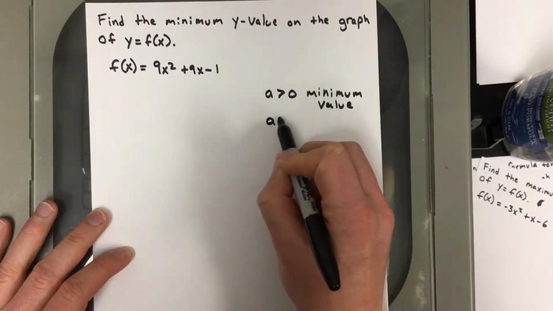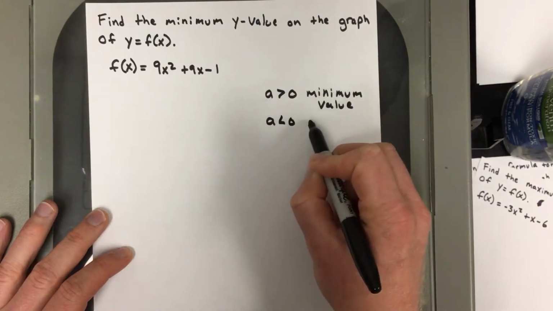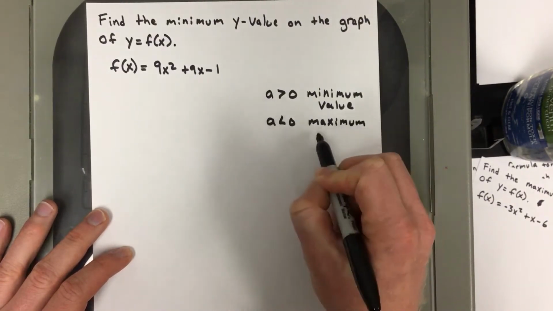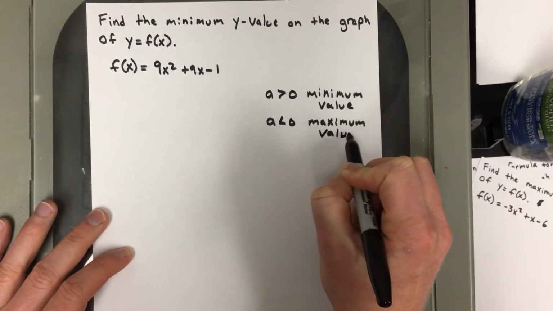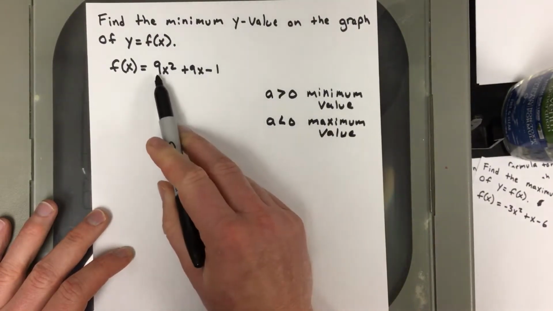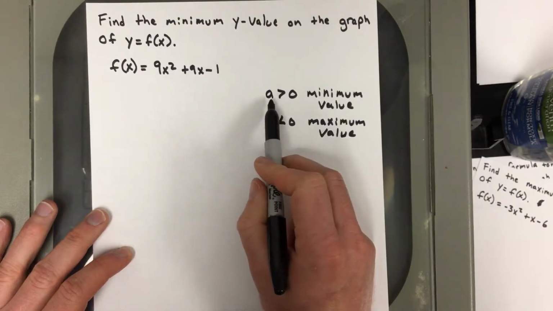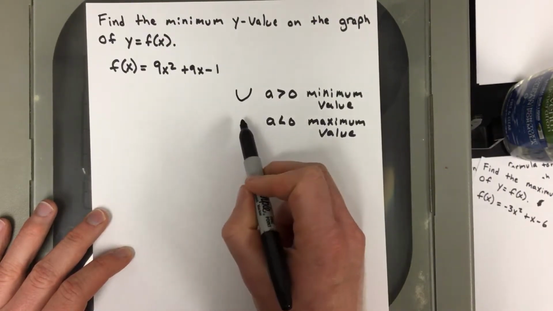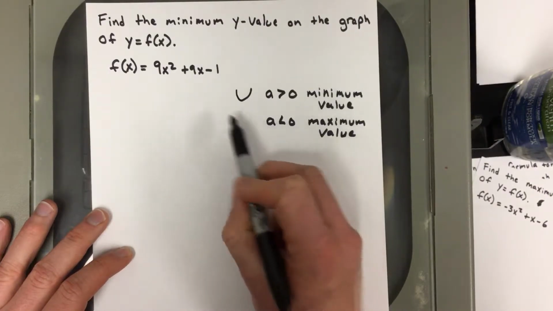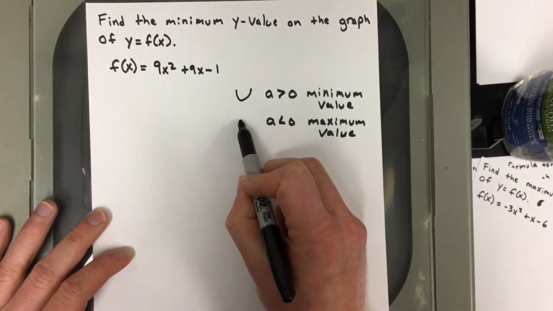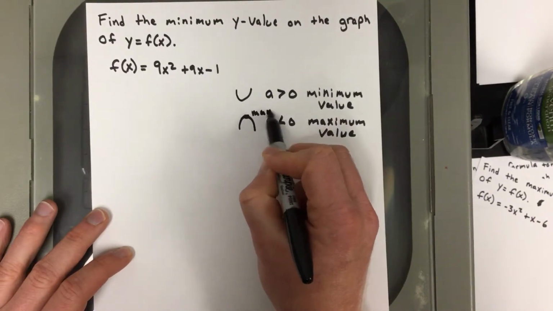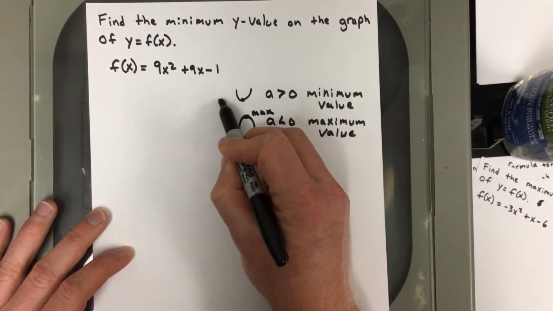But if a were to be less than 0, you'd have a maximum value. And you know this because if you have a number that's greater than 0, you're going to have a parabola that opens upwards. And if you have a value for a less than 0, so that would be negative, you would have a parabola that opens downwards. So you'd have a max here, and in this one you'd have a min.